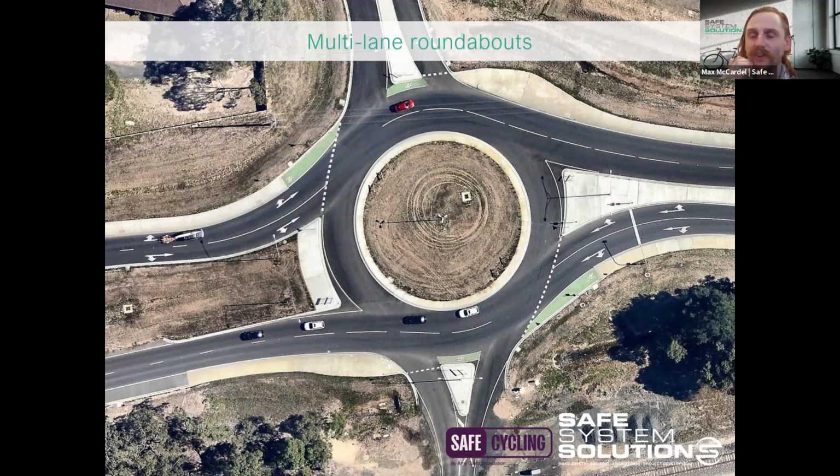I'm going to focus on the right-hand side of this roundabout, and we're going to pretend that we're a bicycle rider turning right at this location, which even on the aerial, you might be scared to do, but don't worry, we'll get through it.